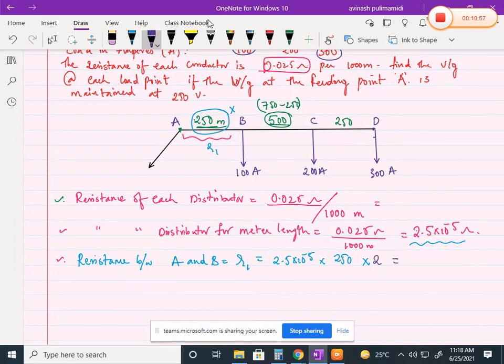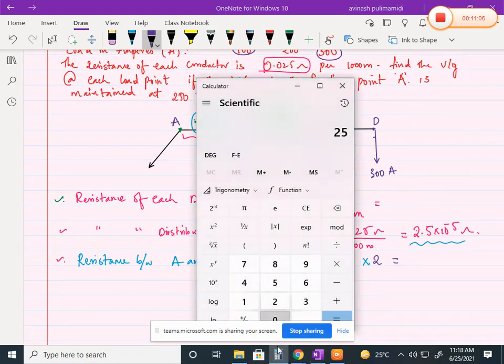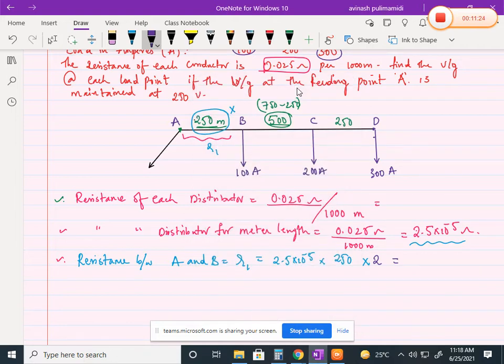Then what is the value we get here? 250 into 2.5, that is 625, into 2 is 1250. 1250 into 10 power minus 5 will be 0.0125 ohms. Okay. The resistance between A and B is completed.